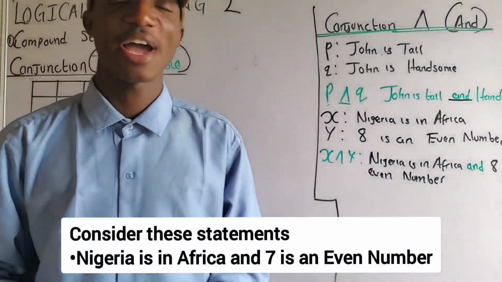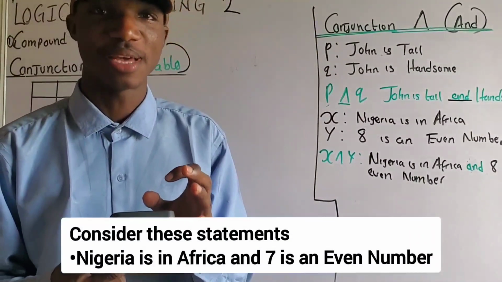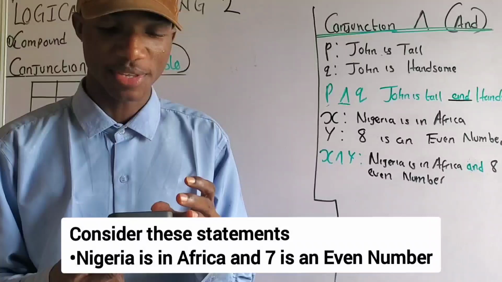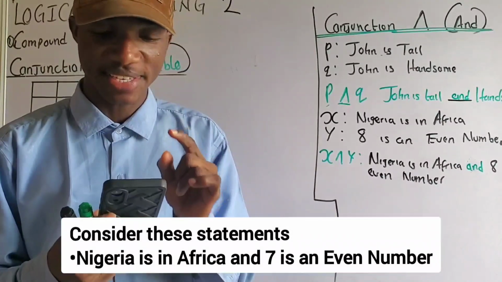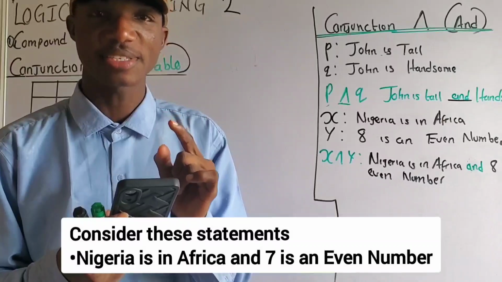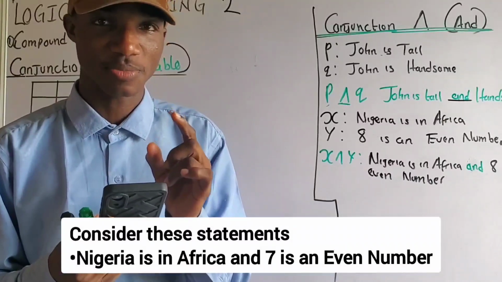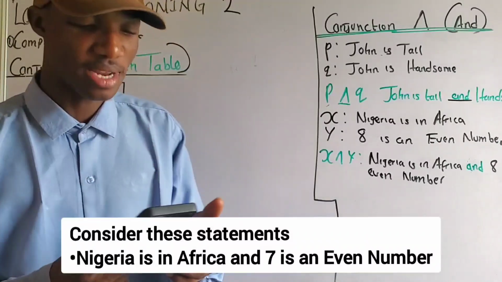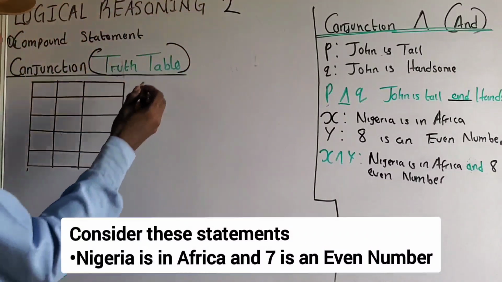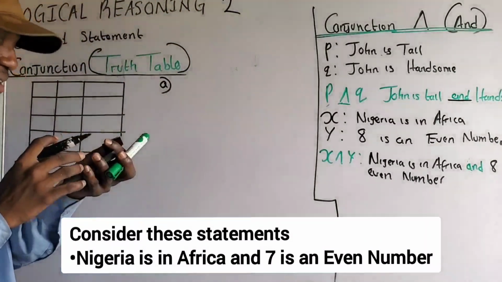Now I want you to look at the statements that you have on your screen. The first statement is: Nigeria is in Africa and 7 is an even number. Look at that statement. Please listen to me.